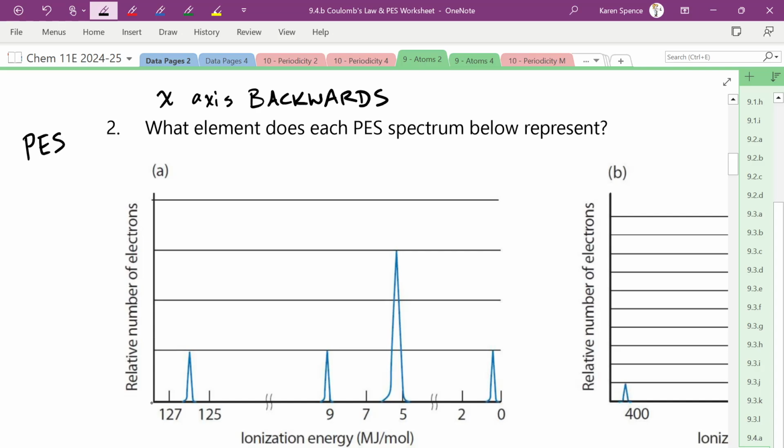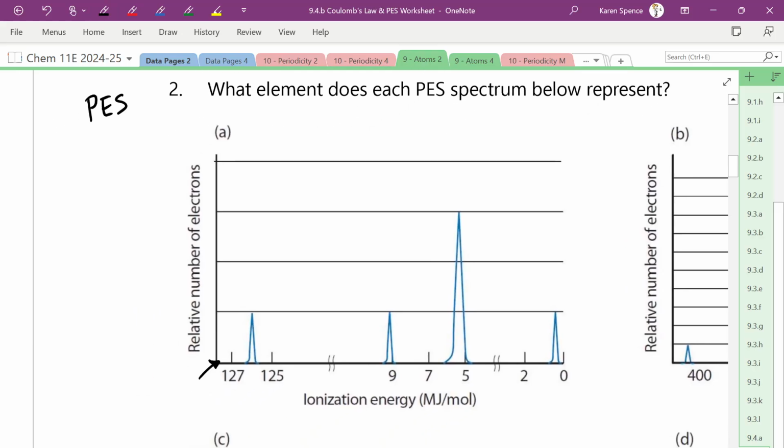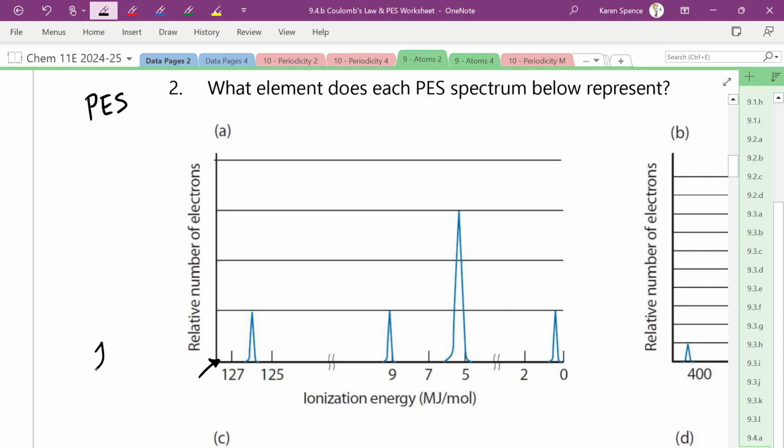So if you think of the origin as the nucleus, then we have the most tightly bound electrons.